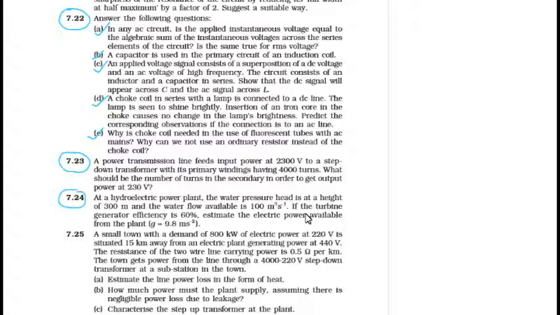If the turbine generator efficiency is 60%, estimate the electric power available from the plant. g is equal to 9.8 meter per second square. Let us see the solution.